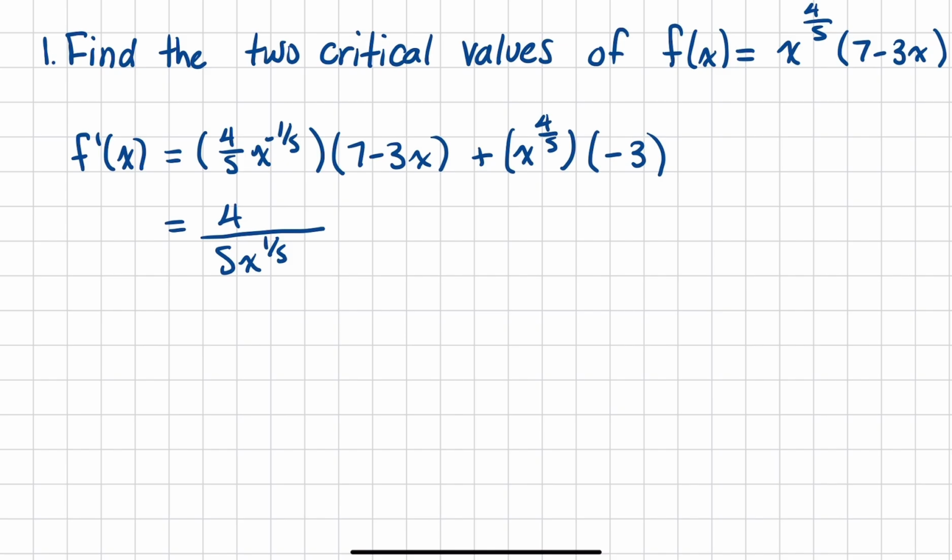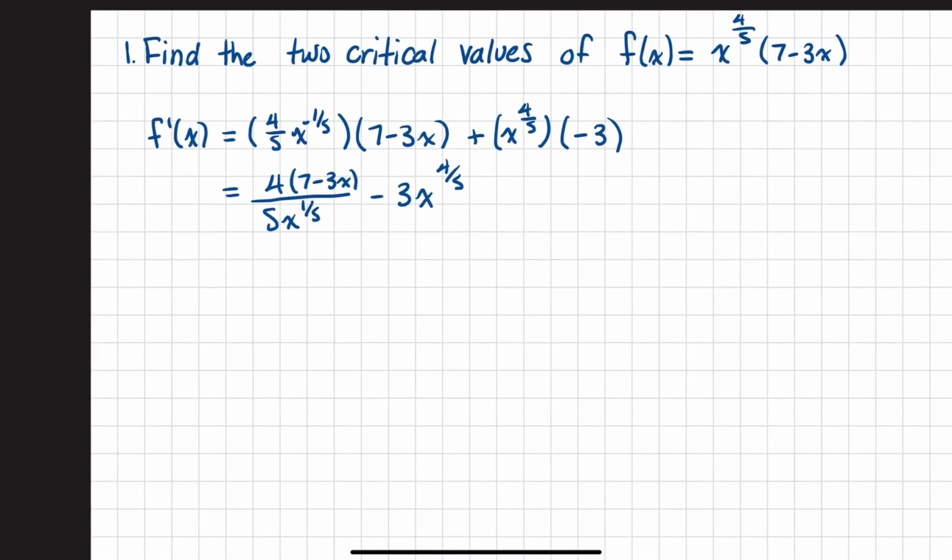And then we still have this 7 minus 3x here. And make sure you leave it in the brackets. And then we also have this laying around over here. I'm going to go ahead and simplify it and just bring this negative to the front and say that this is equal to minus 3x to the power of 4 over 5.